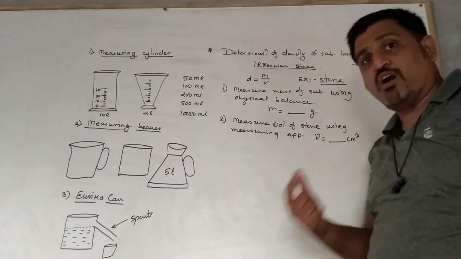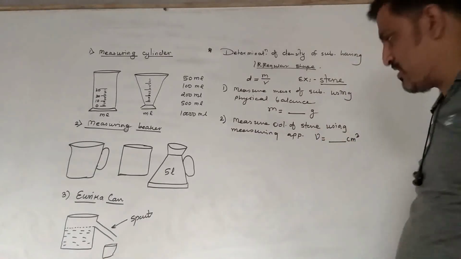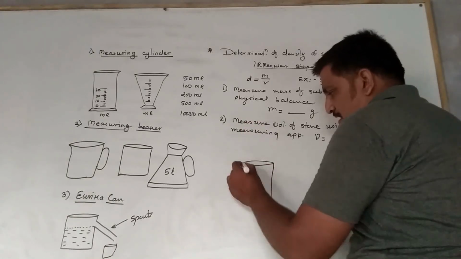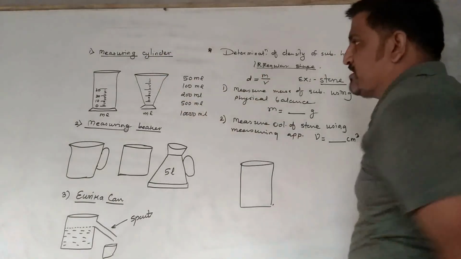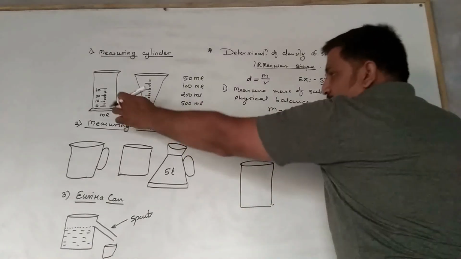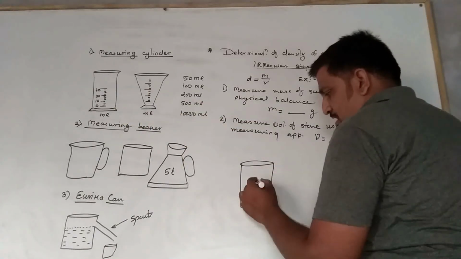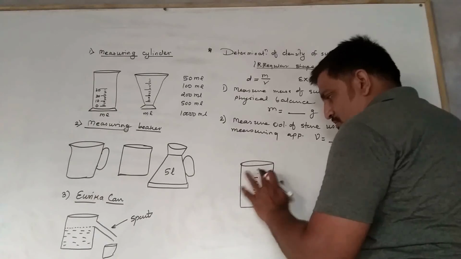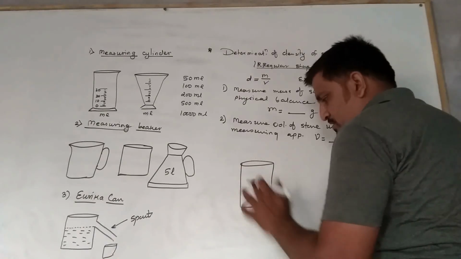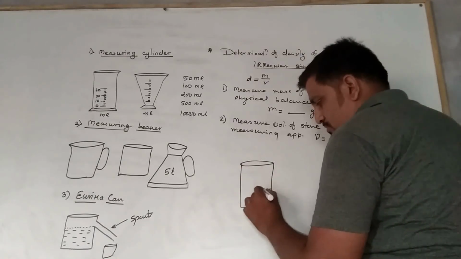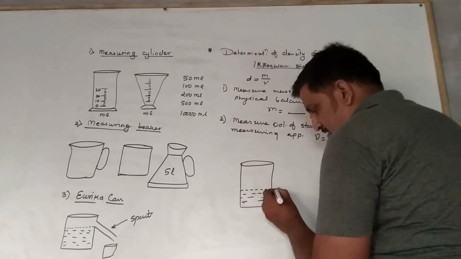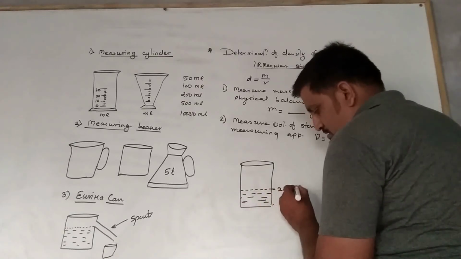Now, how to measure, that is the important part, right? So what we do, we take a measuring cylinder, like this, one of these measuring cylinders. I took this cylinder, and marks are over here. Now, I fill it with water, say up to this level, and this level is say 20 ml.